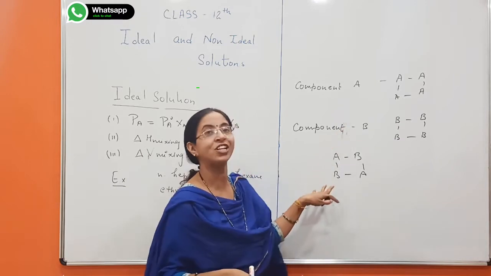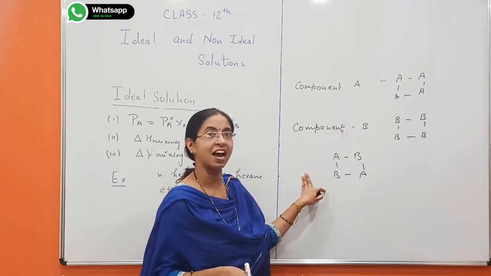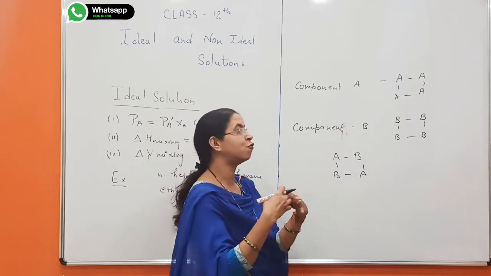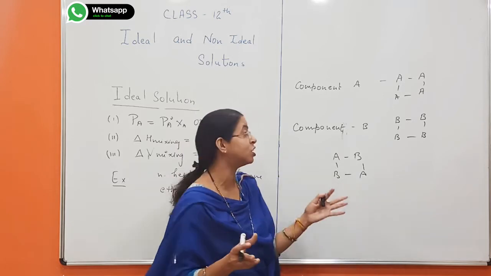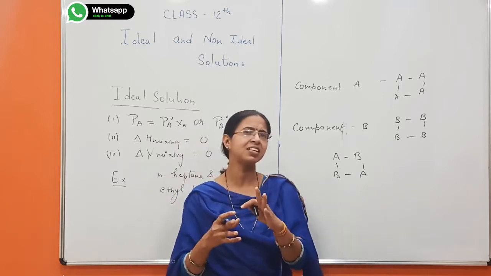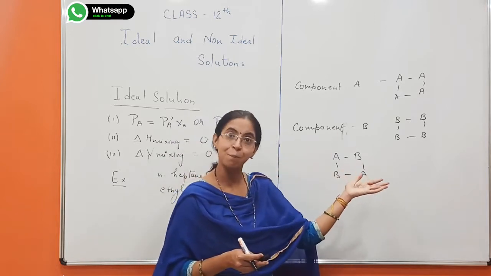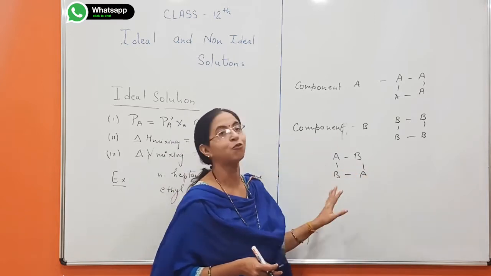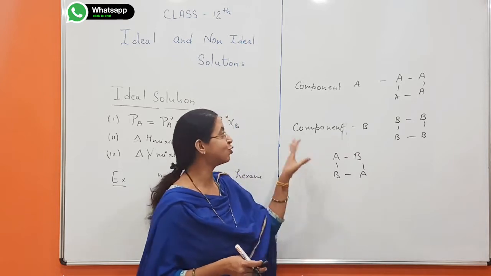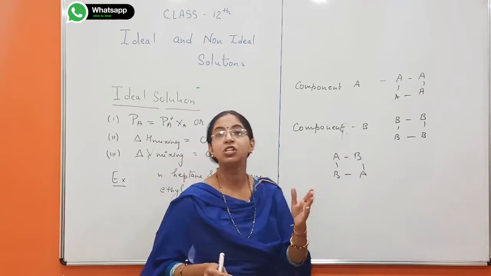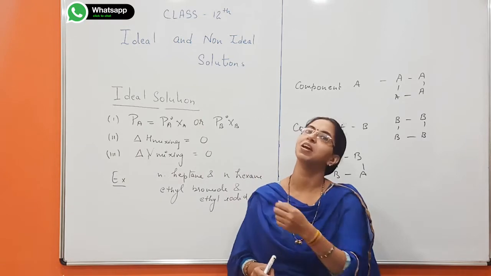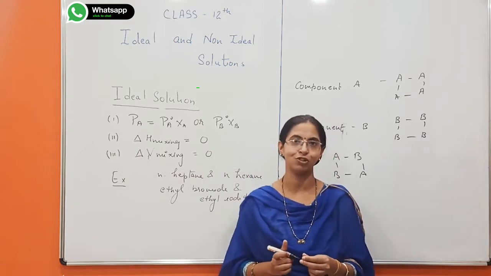There is no change in the degree of interactions, meaning the force of attraction, the intermolecular spaces, and everything is similar. So there is no extra pressure, and the same type of bonding is there. That's why a mixture of these types of liquids behaves as an ideal solution.